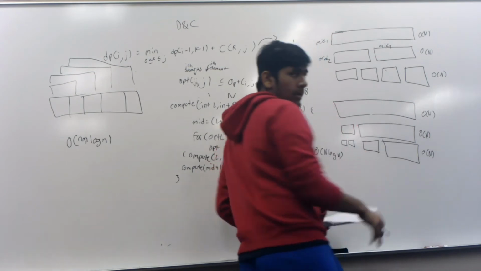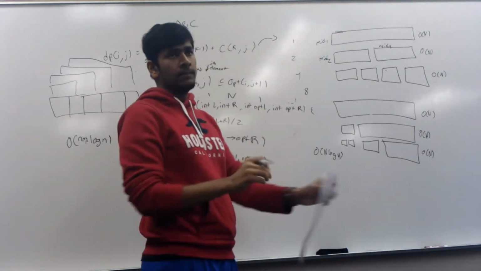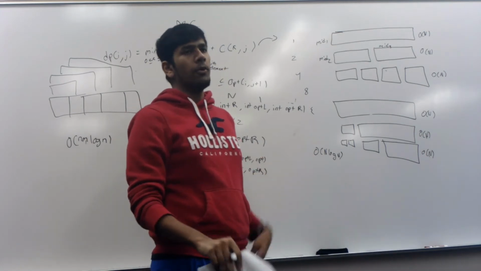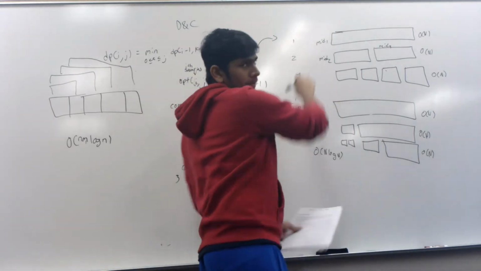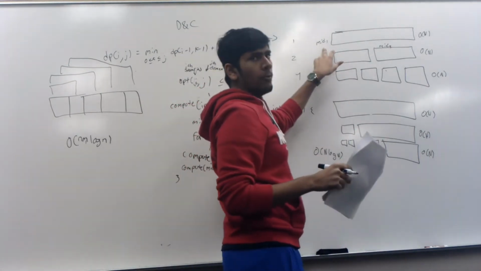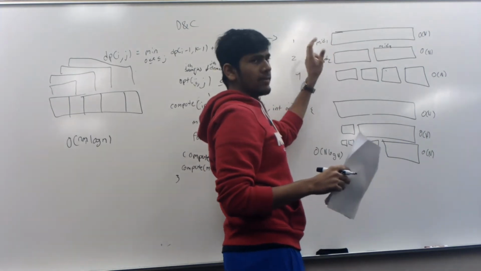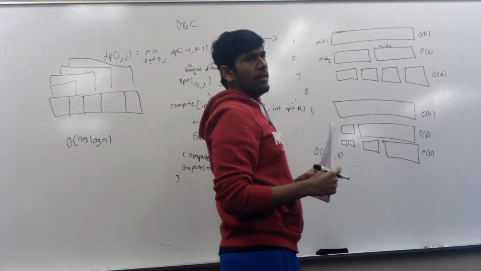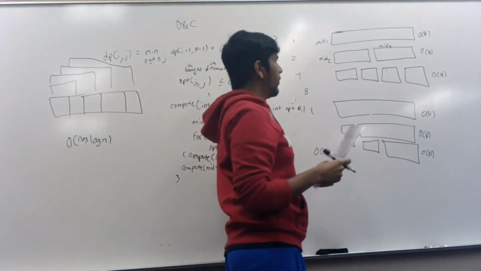Wait, Sathvik. If your splits are uneven like that, you have more than log depth. No, you can't have more than log depth because of what we explained here. In every step we're computing the answer for some index, and we're choosing that index to be the mid of the range every time. So at the first layer we're only computing 1 mid.